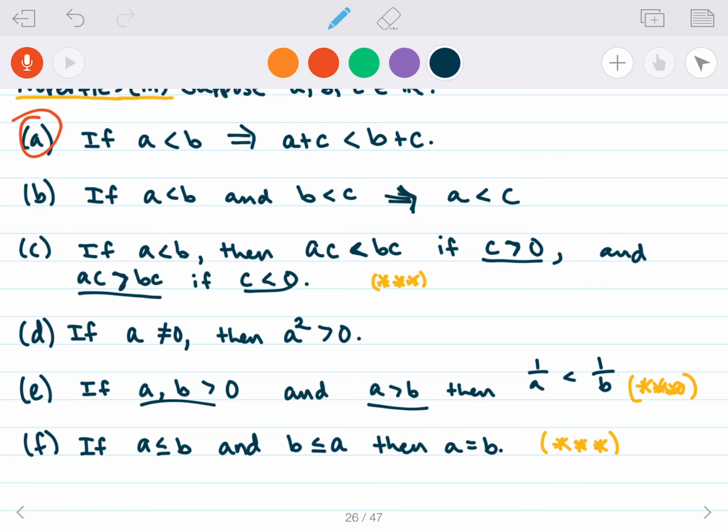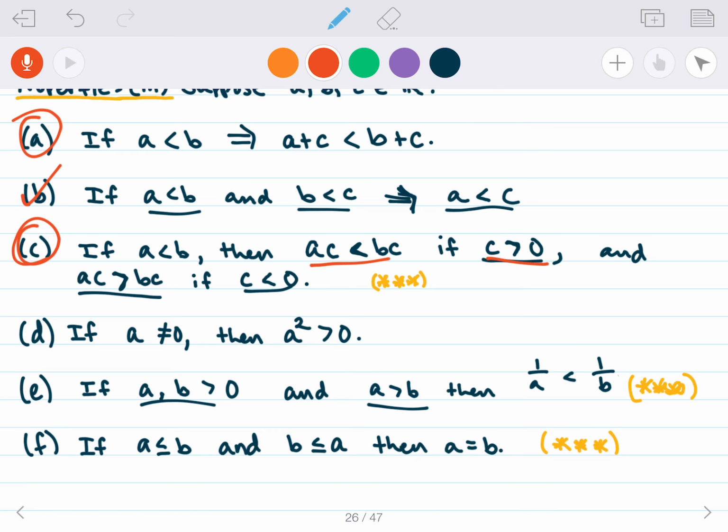Let's see. The next one is if A is less than B and B is less than C, then A is less than C. Sometimes this is called transitivity. Then you have this inequality reversing notion that you've done in Algebra 1 to Calculus, all of these things. So the idea is if you have A is less than B, then AC is less than BC if C is positive.